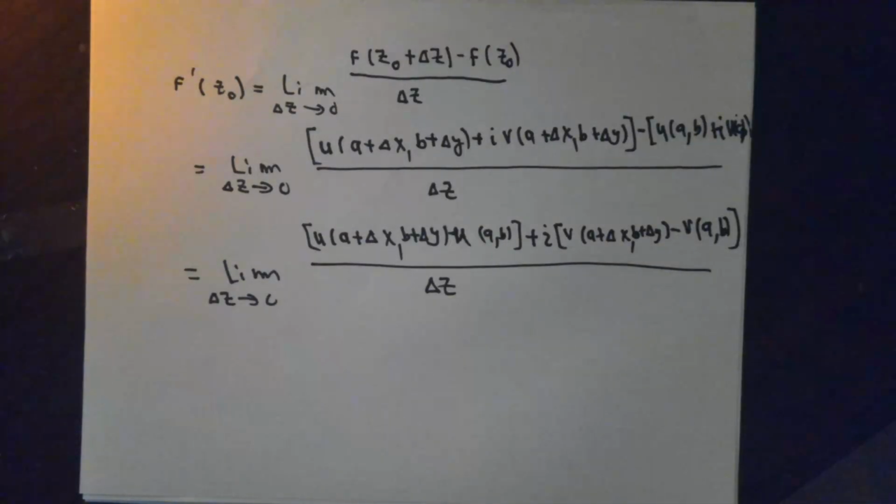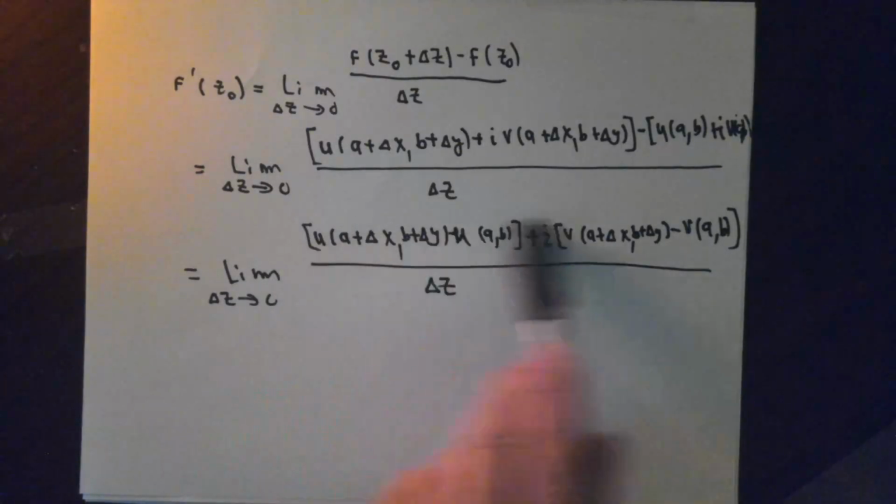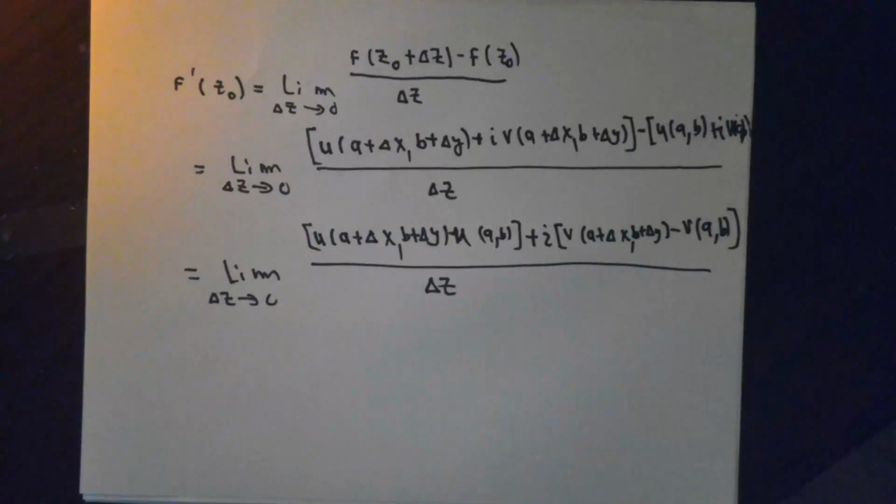If the function is differentiable, then as delta z tends to 0 plus 0i, regardless of how that approach is made, I have to get a common value for all such approaches. So we're going to look at two particular ones.